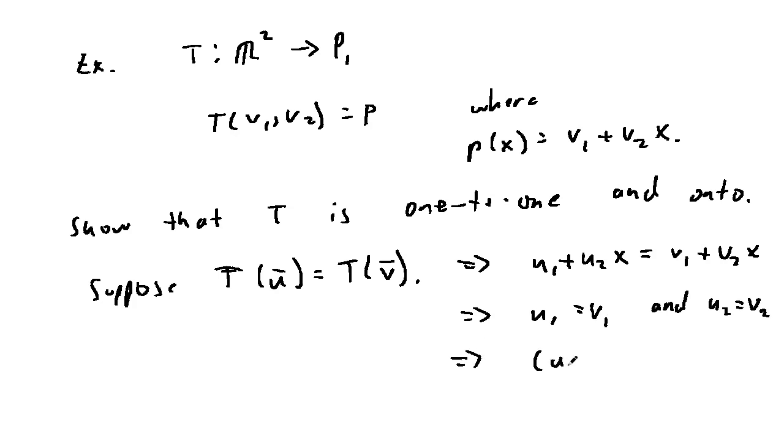Therefore these vectors are equal. In other words, u equals v. So T is 1-to-1.